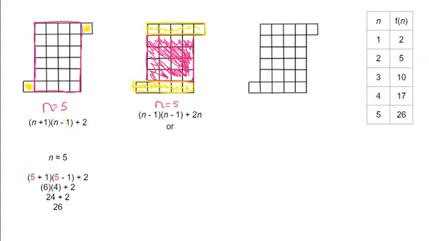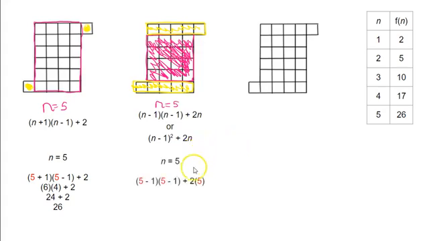And so we can see that another way that we could look at this is, instead of saying n minus 1 times n minus 1, we know that when we multiply something by itself, that's the same as squaring it. So we could rewrite this as n minus 1 squared plus 2n. These are equivalent.